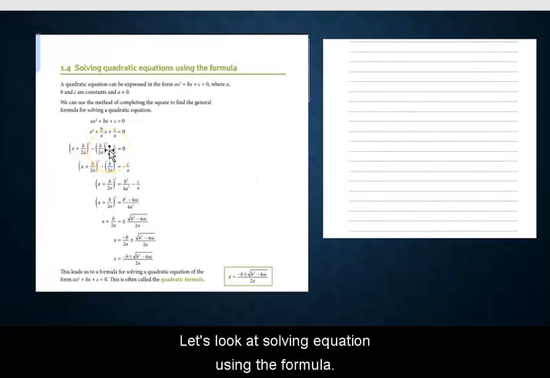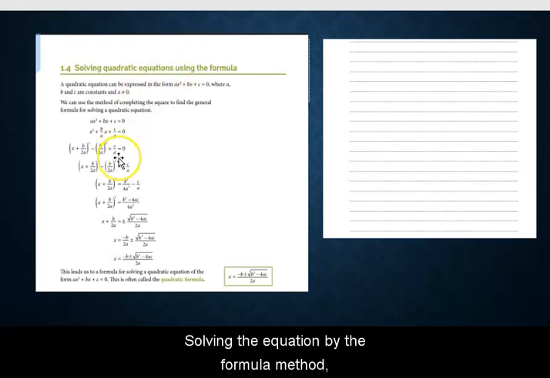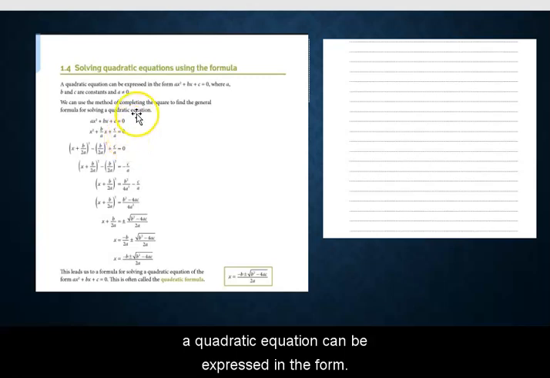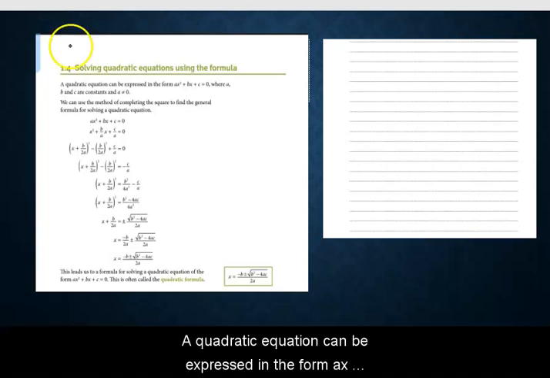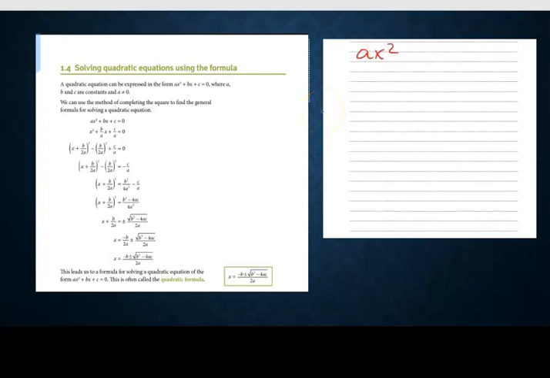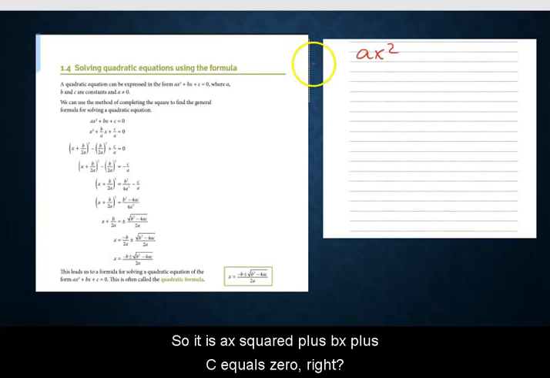Let's look at solving the equation using the formula. Solving the equation by the formula method. A quadratic equation can be expressed in the form ax squared plus bx plus c equals 0, right?